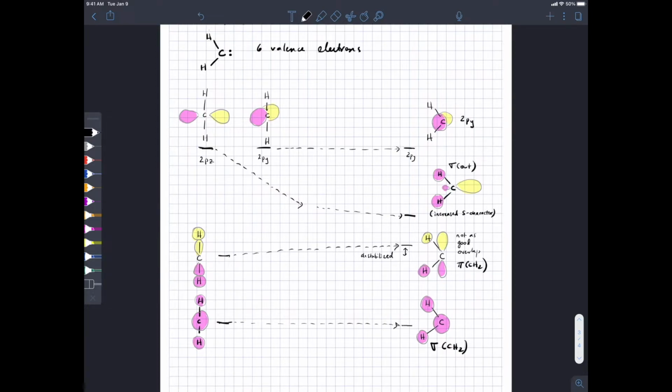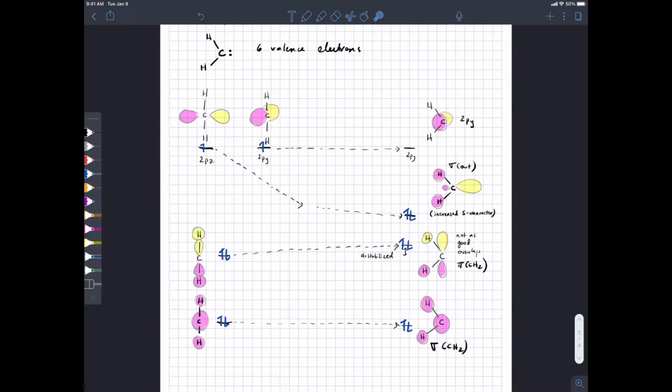So if we did that here, we would fill these 2, and then we would fill these 2, one with each. In contrast, if we did the bent version, we would just put those 2 highest energy electrons here.